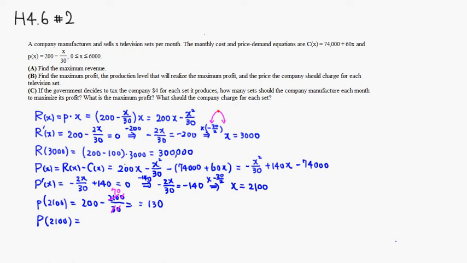So actually, I'm going to just do the revenue. Revenue will be price 130 times the number, which is 2100, because the price times x gives you the revenue, and minus the cost, which is 74,000 plus 60 times 2100.